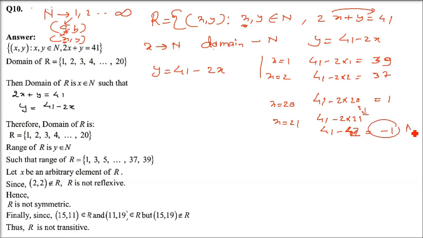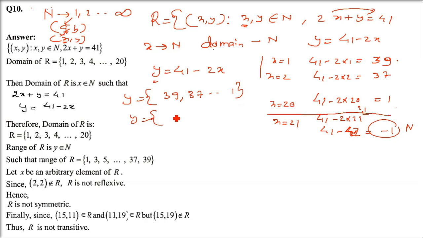But minus 1 is not a natural number. So we cannot have x equals 21. We can only go from x = 1 till x = 20. Okay. So now the domain becomes 1 to 20. The domain becomes 1 to 20 because x has been restricted. And now y is 1, 3. Either you write like this.